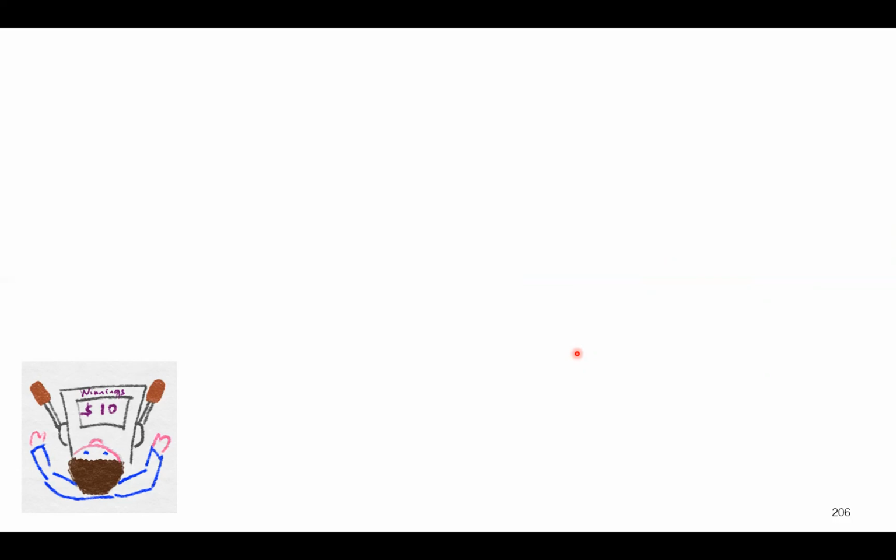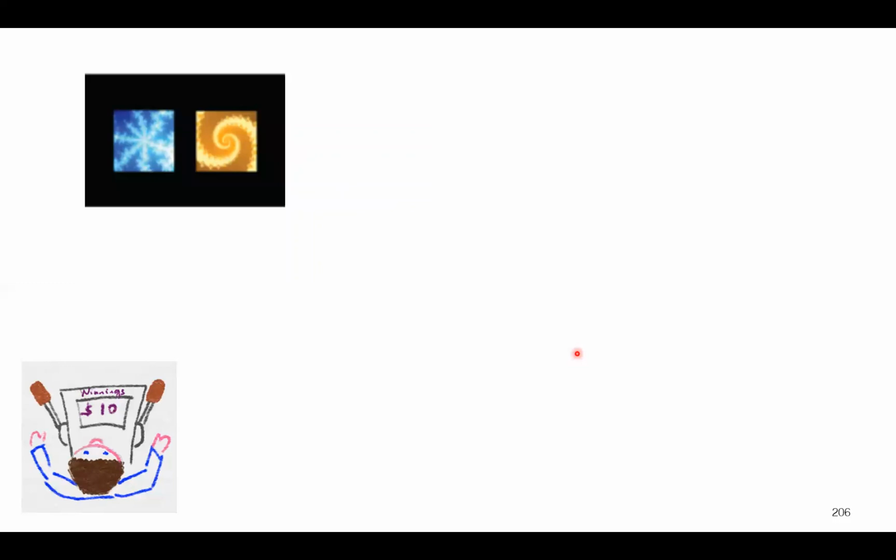Instead, what we usually show to the participants are abstract symbols. For example, imagine this is a screen in front of the participants. They are sitting in front of a computer, and instead of two slot machines, they will see abstract symbols. No meaning, just abstract symbols.